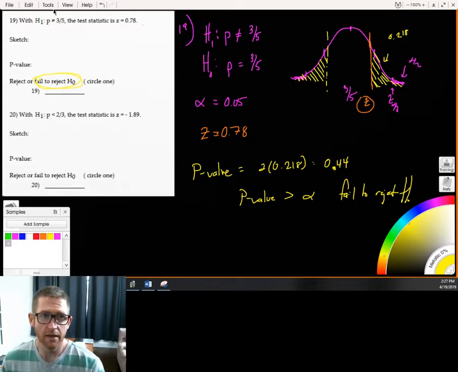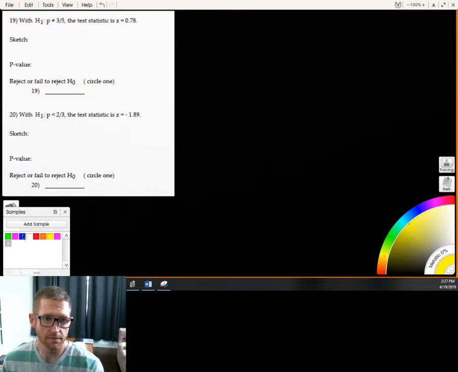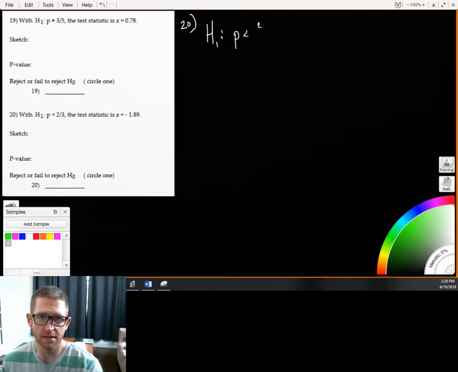Number 20 is slightly different. You're given that the alternate hypothesis is that the proportion is less than 2/3. So the null then must be that the proportion is equal to 2/3.